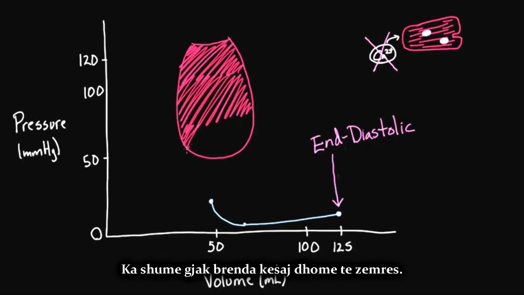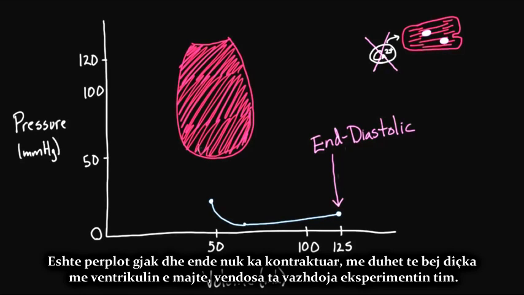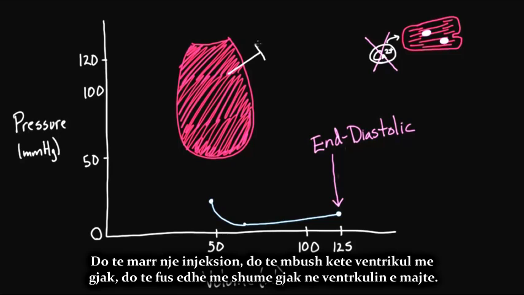It's full of blood. And let's say now that it's full of blood and it's not contracting, I decide to continue my experiment. And I say, okay, I'm going to take an injection, and I'm going to inject this left ventricle full of blood. I'm going to put more blood into the left ventricle.